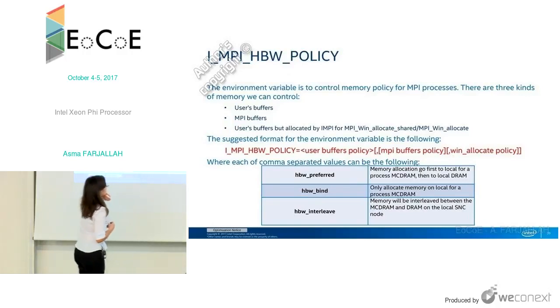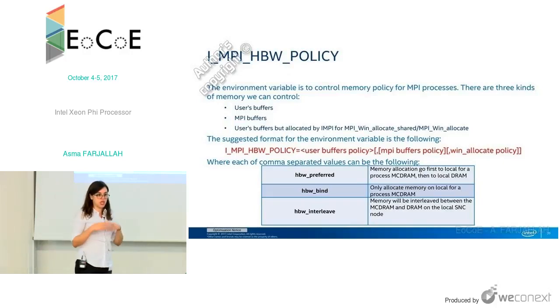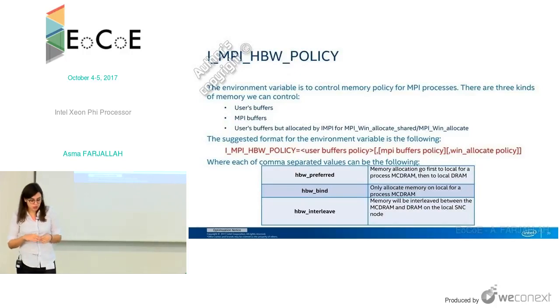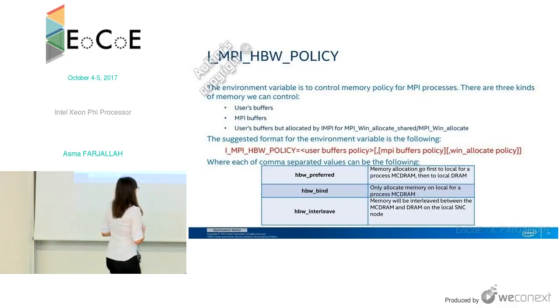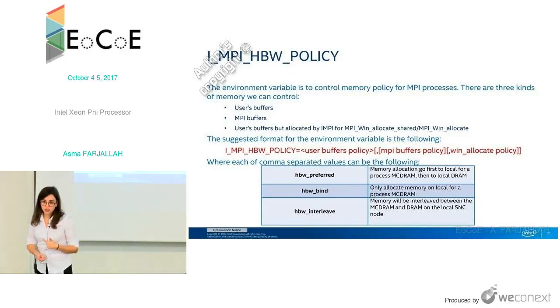You have these key flags: preferred, bind, and interleave. Preferred is going to allocate your memory on MCDRAM, preferably; if you don't have enough space, it goes to DDR. Bind binds it to the MCDRAM, so if you don't have MCDRAM, you're going to have a crash. Or you can interleave between MCDRAM and your DDR.